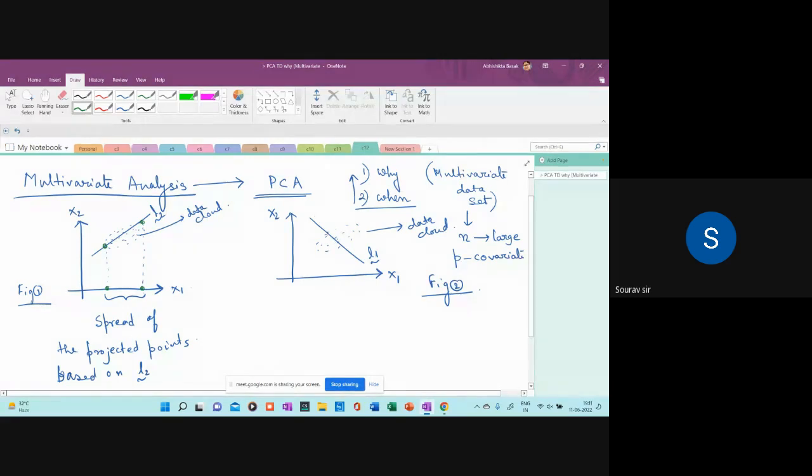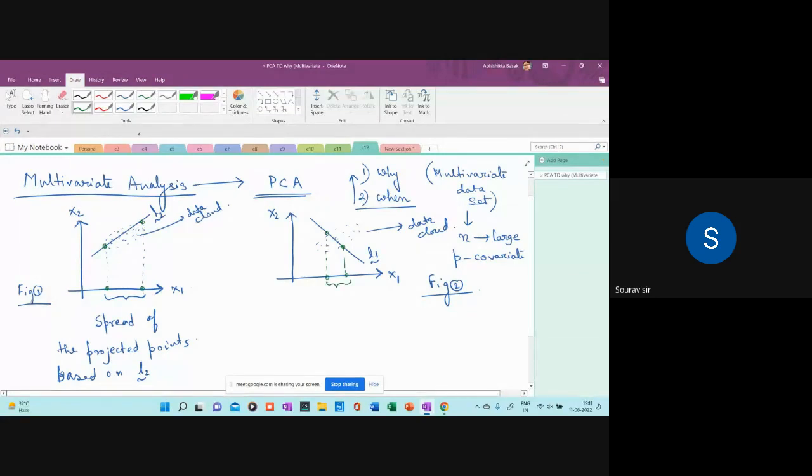So it is going to connect this point and this point. Let me draw a line connecting this point and this point.